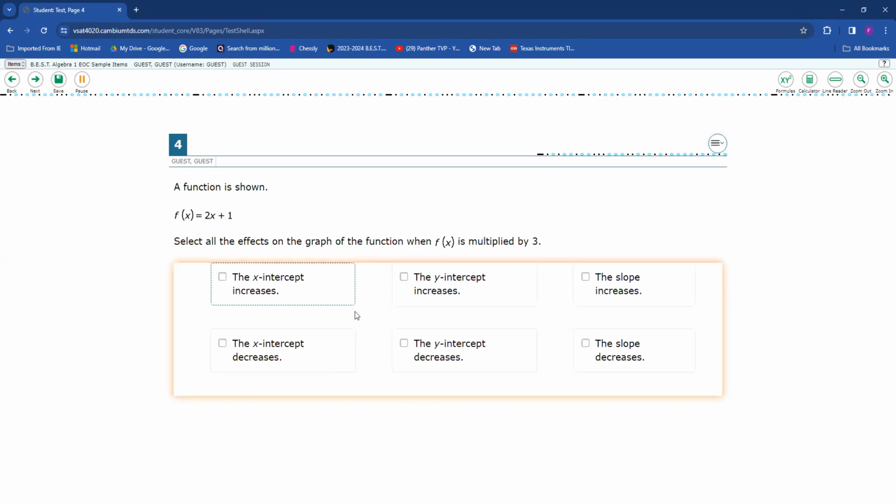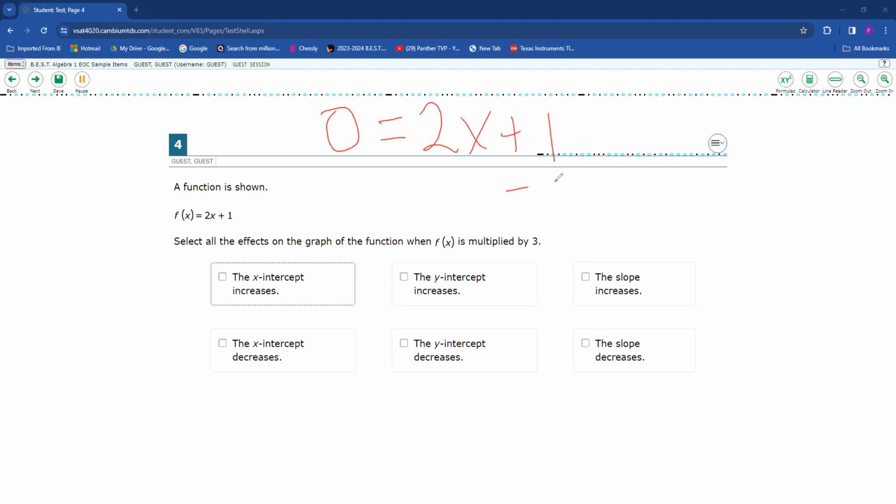Okay, so what's the x-intercept? Remember, f of x is the same as y, so the x-intercept is when y is 0. So we're going to let 0 equal 2x plus 1. Let me subtract 1 from both sides, and we get that negative 1 is equal to 2x.